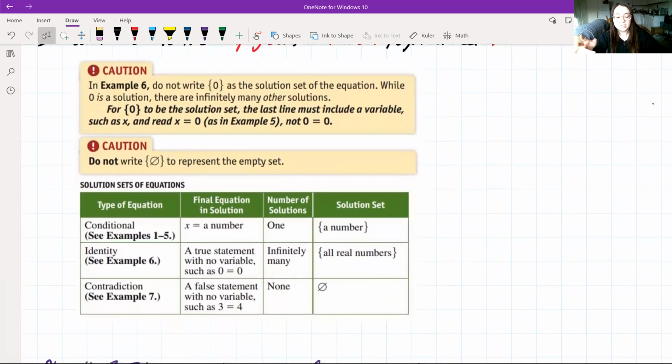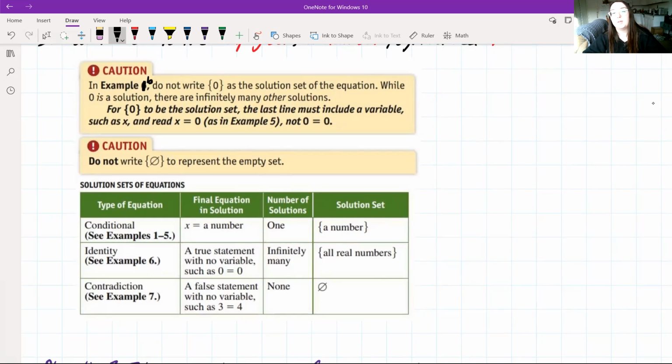A word of caution: it says example 6, we want to say example 1. We don't write the set of 0 as the solution set of the equation in example 1b. Because there was no solution, we don't write 0, because 0 is technically a solution. We can't write the set of 0 because that would mean that x could equal 0, which we saw it can't.